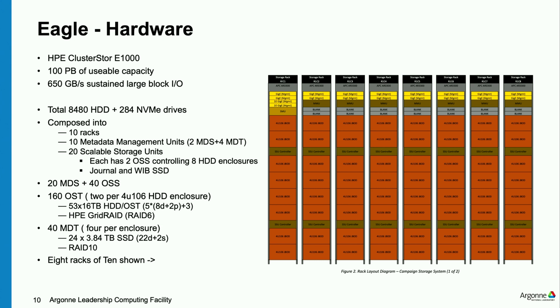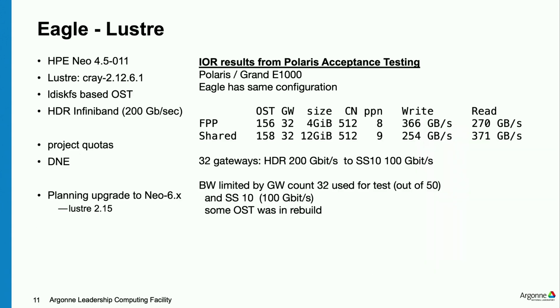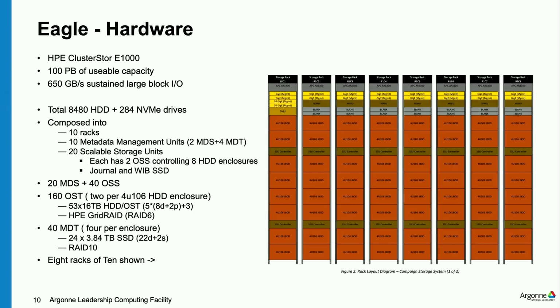There are NVMe drives used for metadata and also for write logs. The system is composed of 10 racks, and this is the usual configuration. Overall we have 20 MDS and 40 OSS, and from the storage side it's 160 OSTs and 40 MDTs. Only 8 racks are shown in this picture.